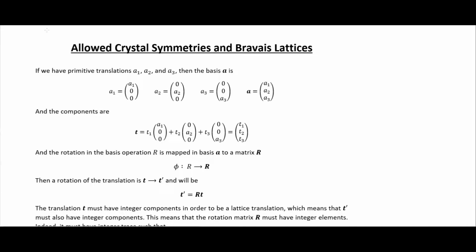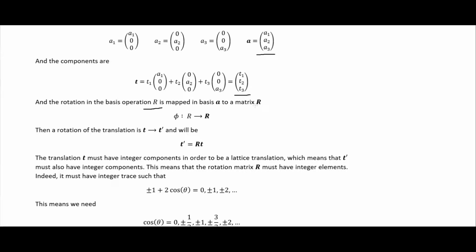First, we have these primitive translations A1, A2, A3, so we have this as a basis, and then the components are T1, T2, T3, and we map our operation, either a rotation or reflection or something, onto this matrix R, and we do it in this basis.